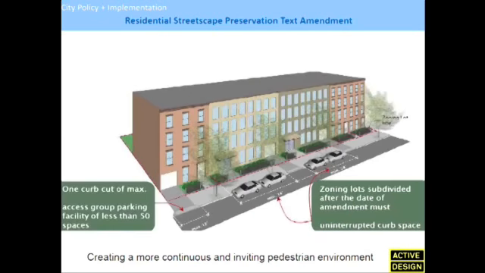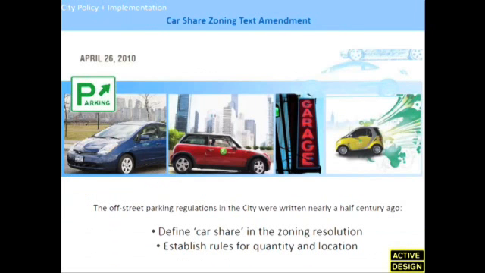And so by actually just tweaking the text related to the zoning measure, they were able to cluster the driveways for cars to actually improve the continuity of the sidewalk.